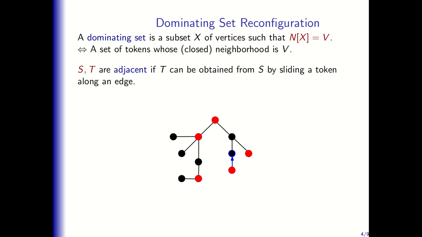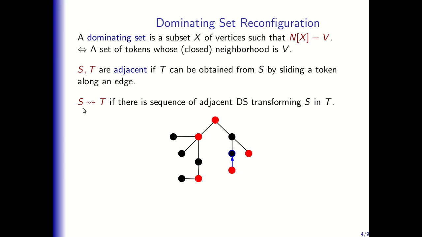And we will say that two dominating sets are adjacent if the second one can be obtained from the first one by sliding a token along an edge. Okay, so here, for instance, you can slide this bottom red token onto this token above by sliding along this edge, and you still have a dominating set.